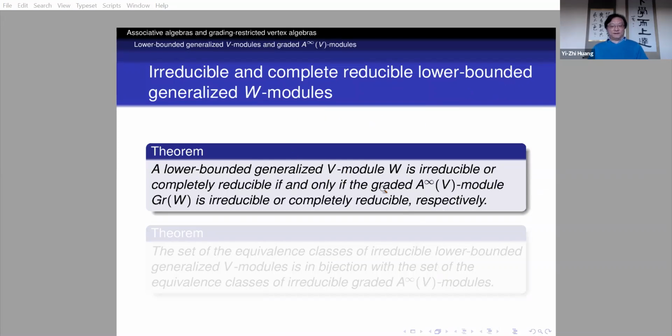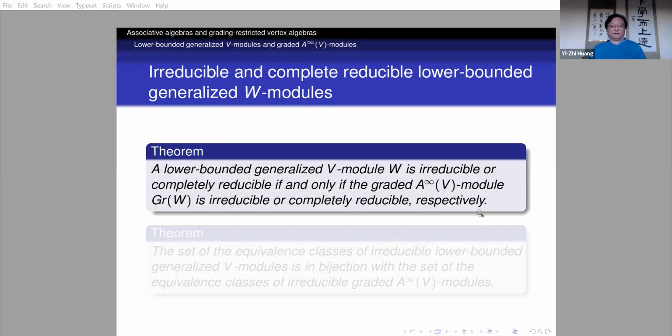The nice thing now is that a lower bounded generalized V-module W is irreducible or completely reducible if and only if the corresponding graded A infinity(V) module G(W) is irreducible or completely reducible, respectively. This is very nice. Basically this kind of result is what we want, because for Zhu algebra or Dong-Li-Mason generalization, they cannot really have this kind of result.